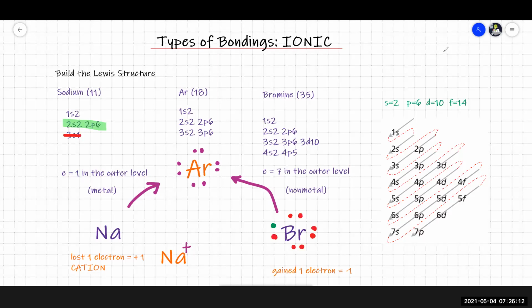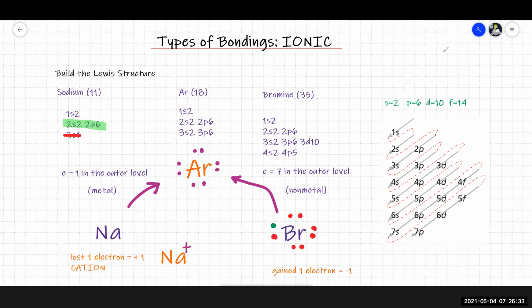So sodium, which is the metal, the one that loses an electron, is a cation. Because it gives 1 electron away, the charge for sodium is positive. The amount of electrons that it lost, that is positive 1.